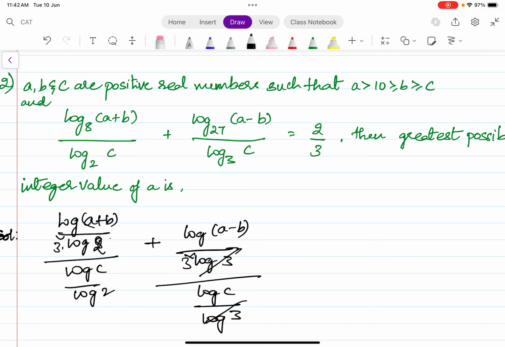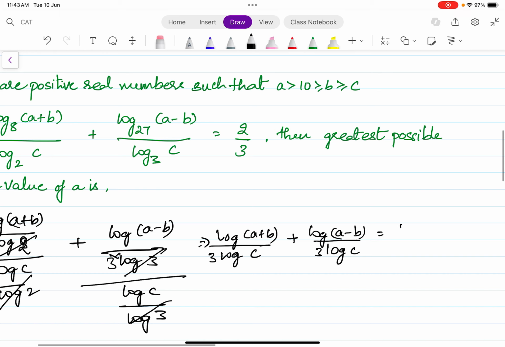Now you can cancel the logs and it can be further simplified to log a plus b by log c into 3, of course, plus log a minus b by 3 log c equal to 2 by 3.